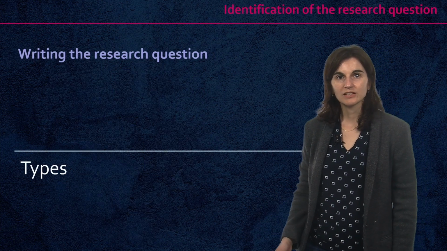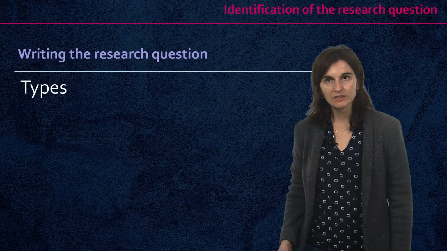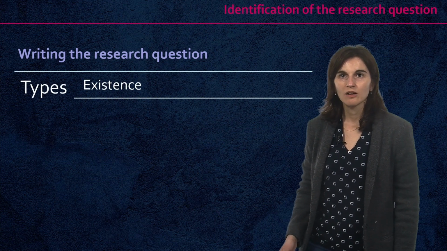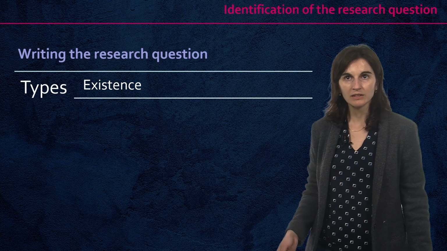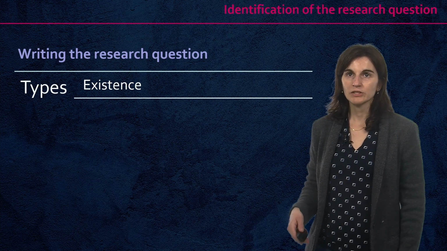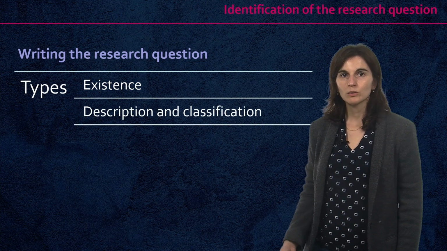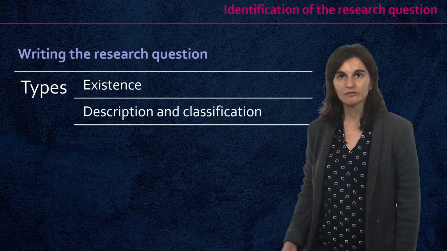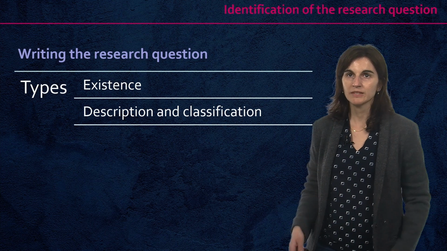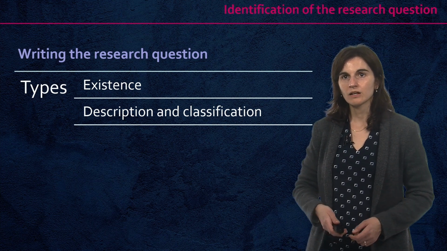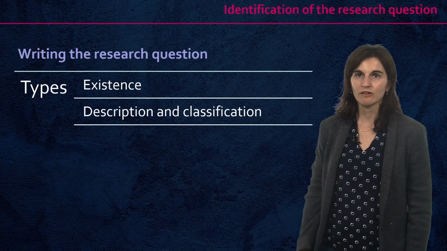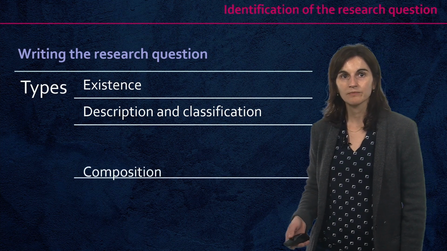How to write the research question? There are different types of questions. First of all, we can check whether a particular phenomenon exists in a population group, or we could describe and classify the subjects, maybe the students belonging to a school, or a group of students that have their own particularities.